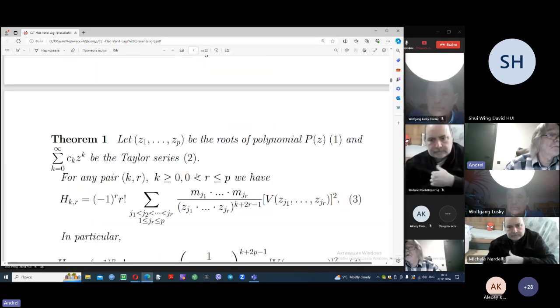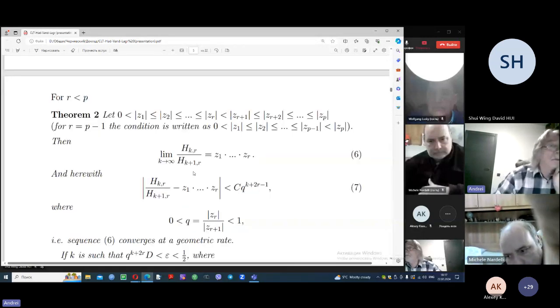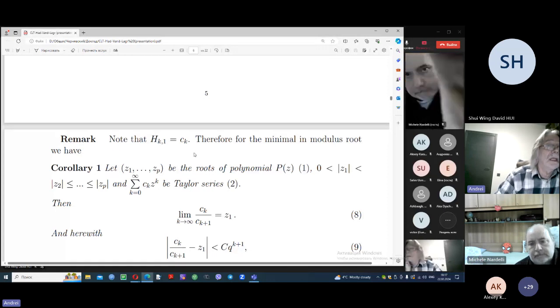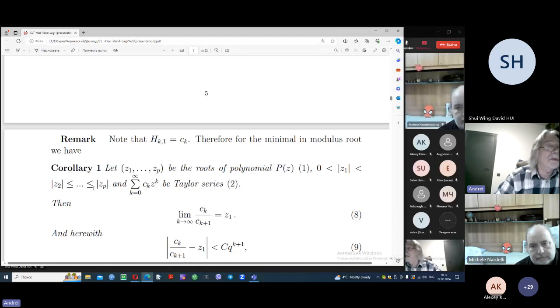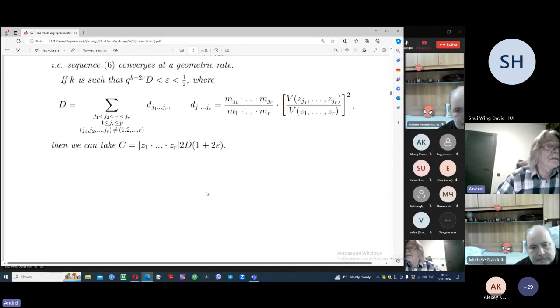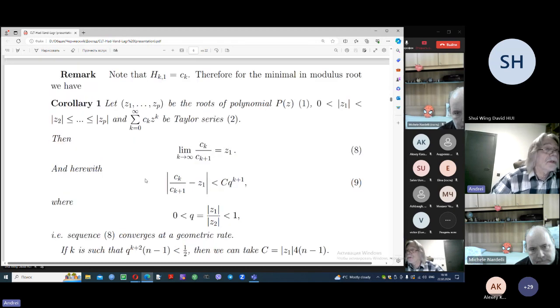And therefore, once the smallest root is a single one in modulus and the second one is greater, then the corresponding limit, the limit of the ratio of the terms of the Taylor series, is equal to the first root, and of course the convergence is at a geometric rate here.